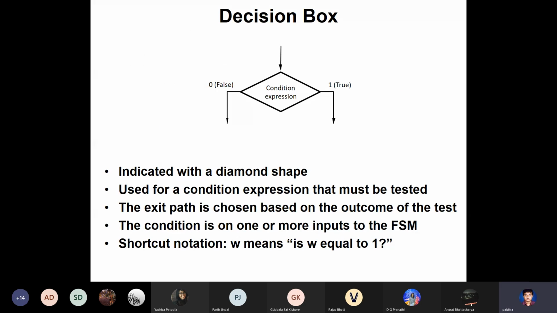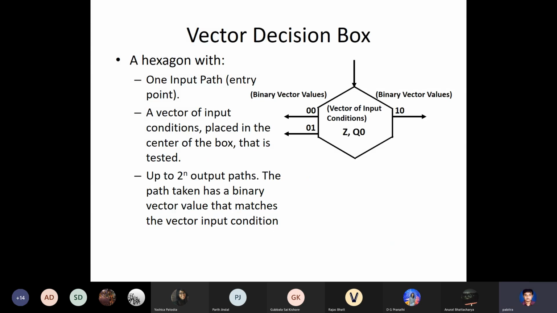You can also have a vector decision box, denoted by this kind of polygon. So you have a vector of input conditions, let's say Z or Q naught. These are the input conditions, and depending on what this bit vector does, you have possible outputs.